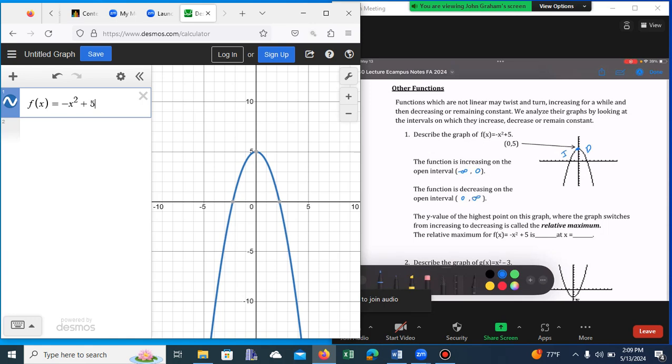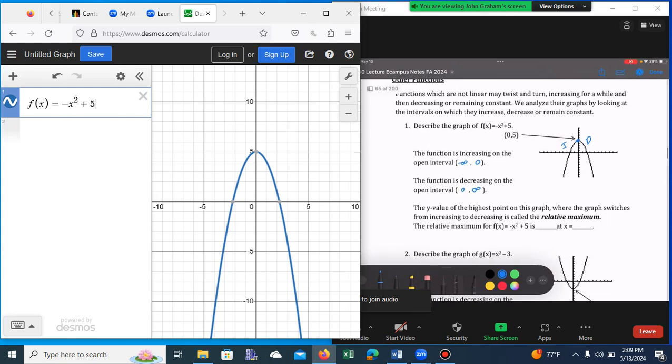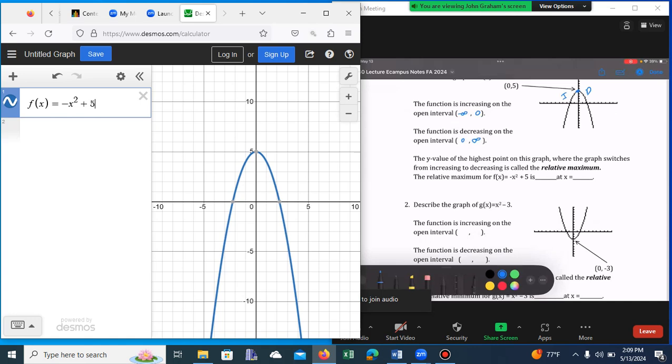Always use the x values. We only ever use the parentheses with these. So you don't have to worry about brackets. It's not like the domain. And then we can see that there is a maximum spot, and it happens when you switch from increasing to decreasing. And at that maximum spot, your x value equals 0, your function is 5.